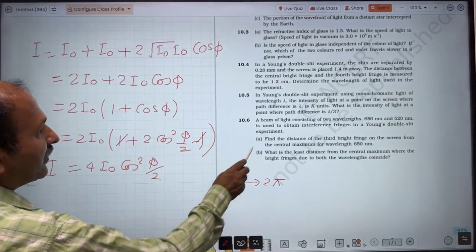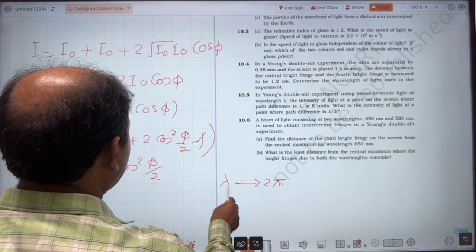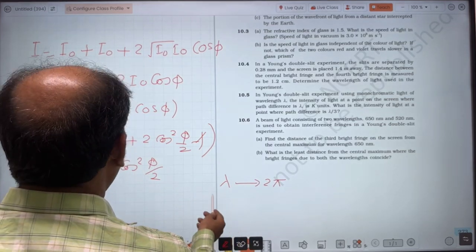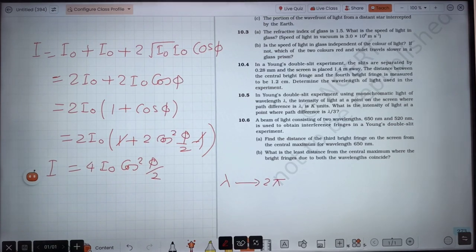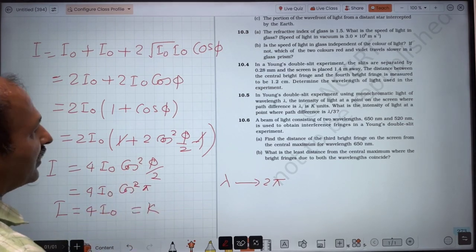So in place of the path difference lambda we can write 2 pi. So we write here this value 2 pi, right? When we write 2 pi here, what do we get? This will become 4I0 cos square pi, and cos square pi will become 1. So 4I0 is the value of I, and this is given as k.